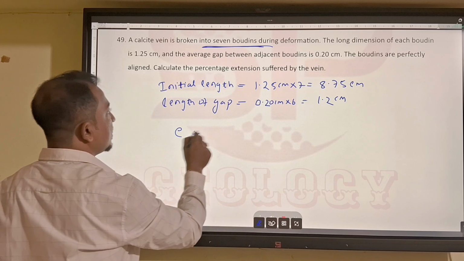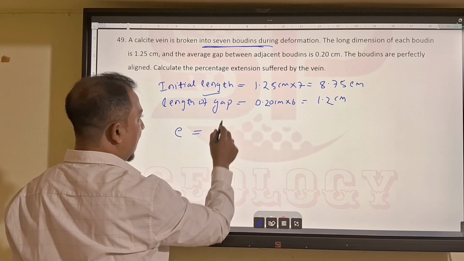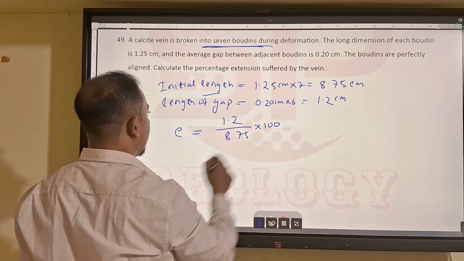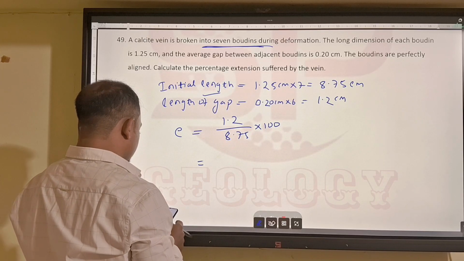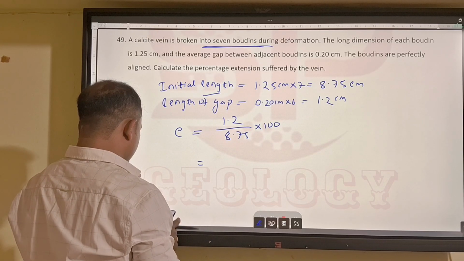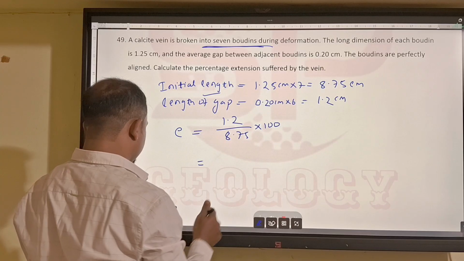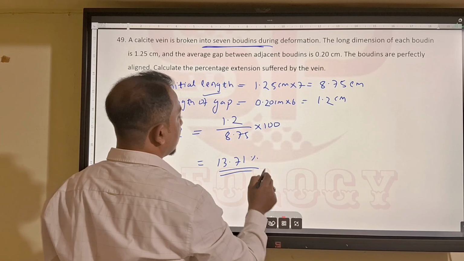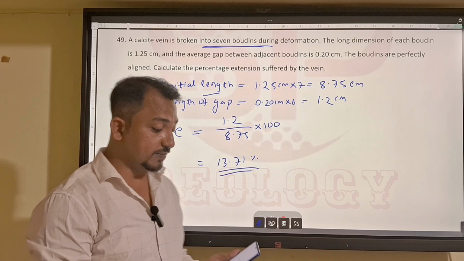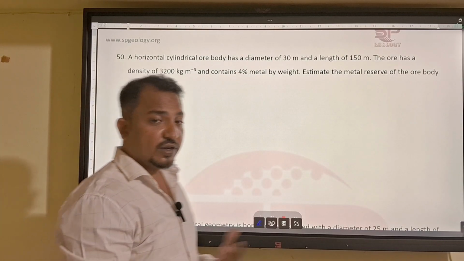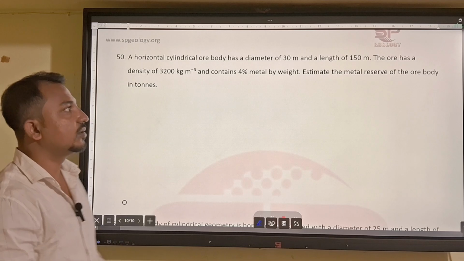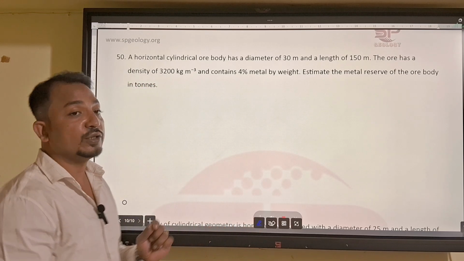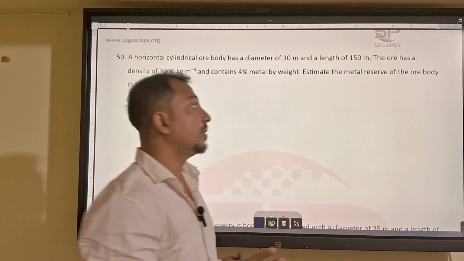So now elongation, change in length, that is the length of the gap 1.2 divided by 8.75 into 100, which is 13.71%. So the elongation numericals are very easy. You just have to calculate the initial length, then take the gap as the change in length.